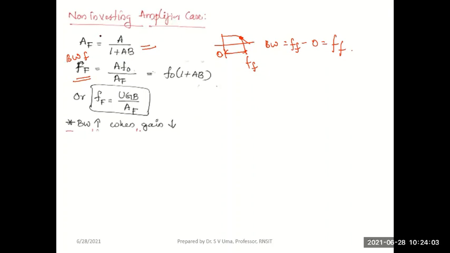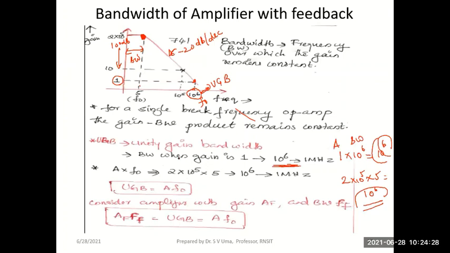Therefore, the bandwidth is equal to A times F0 divided by FF. The bandwidth with feedback is nothing but, I know what this is, AF0. This AF0 represents the unity gain bandwidth product. Please remember, in the previous slide we have shown what the unity gain bandwidth product is. You see UGB, unity gain bandwidth product, is nothing but the product of the gain into the frequency F0.